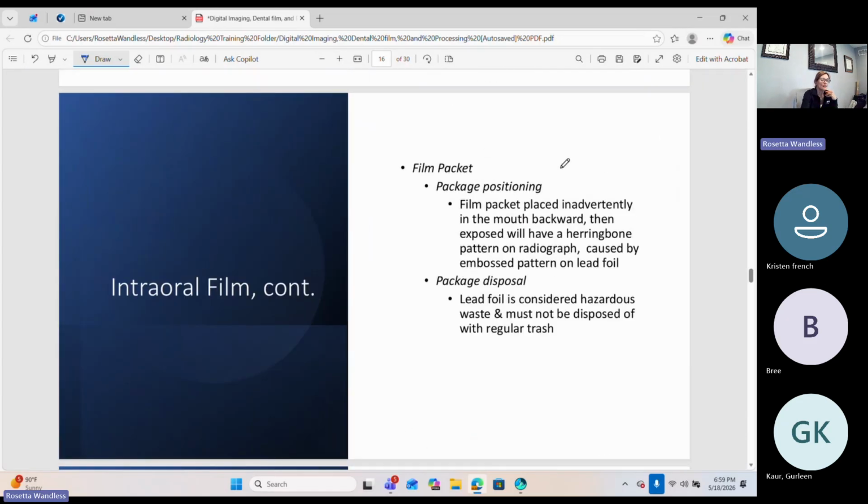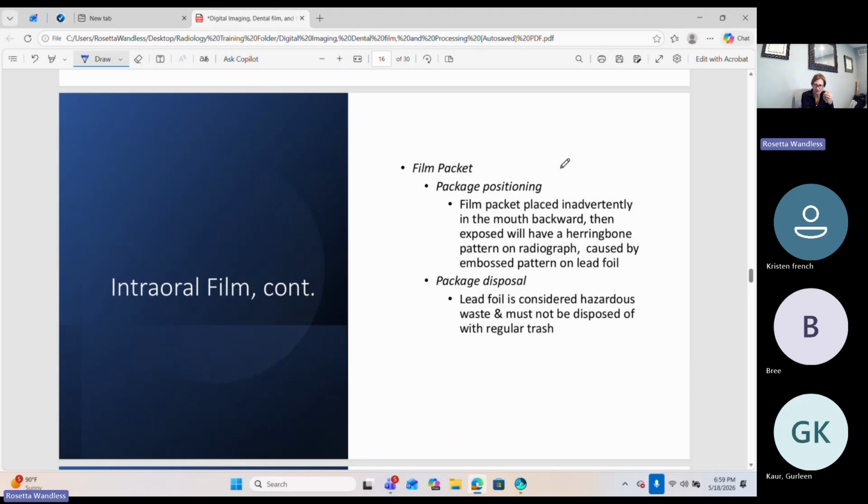Great. Now, let's talk about how, if we were taking an intraoral x-ray using live film in someone's mouth, how we place it in the mouth is very important. I told you about that lead foil. That lead foil has to be the furthest away from the teeth when we take a picture.